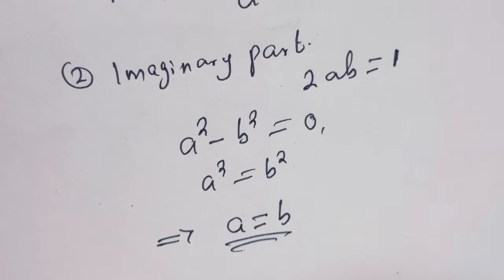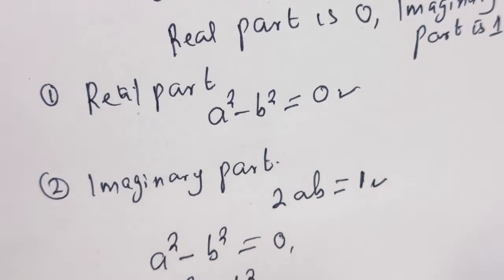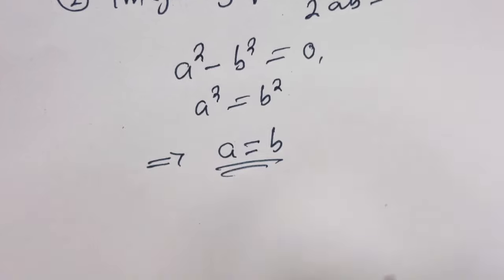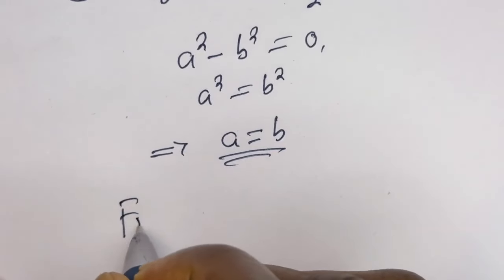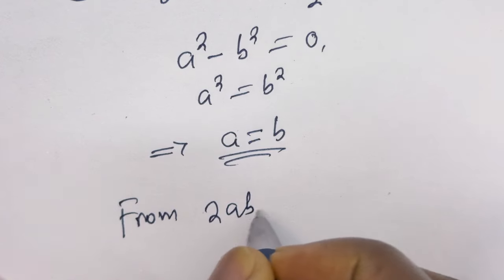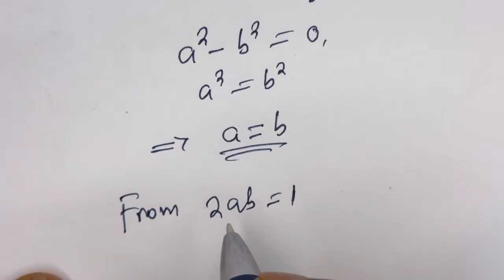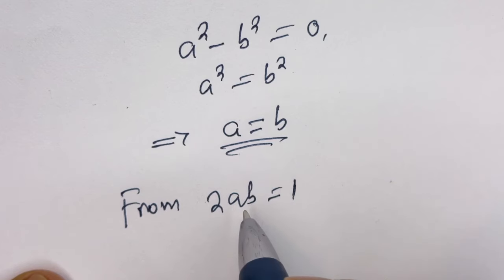Now, also to solve the second equation, that is 2ab is equal to 1, let's substitute for a. Anywhere you see a, we put b there.